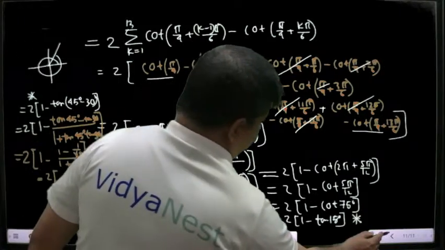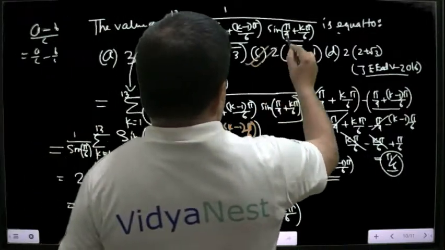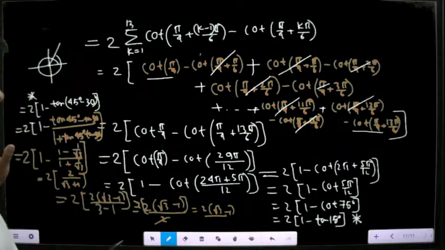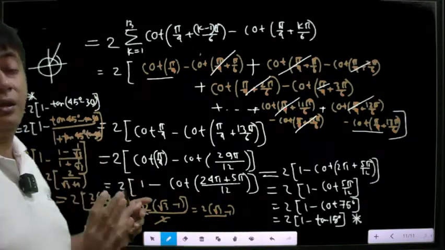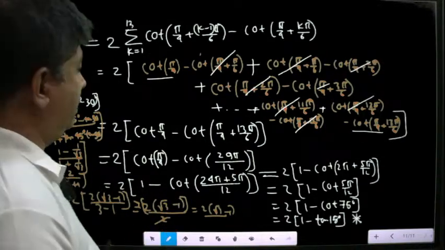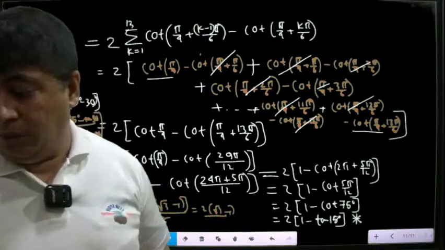So does it match? Yes, option C. So you have seen that students' knowledge will help you to solve a JEE advanced topmost level sum. Understand? So you have become few steps ahead than your level. Okay?